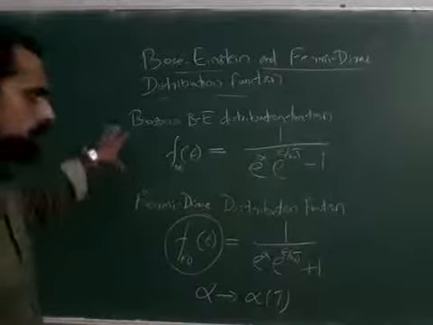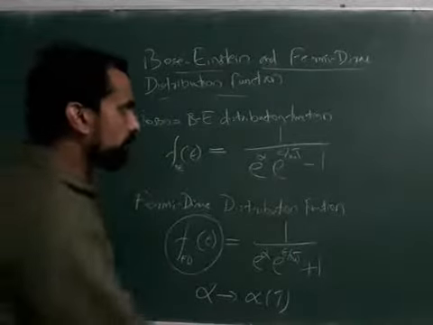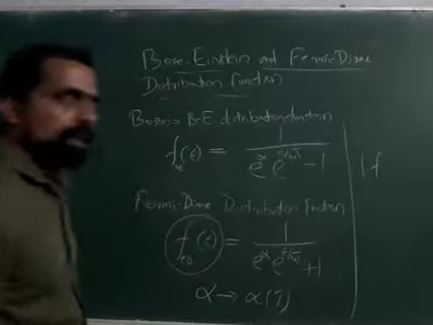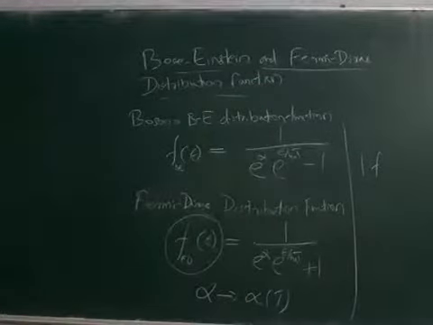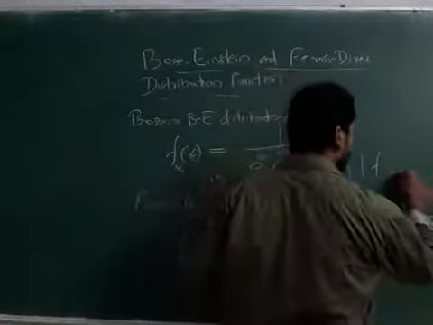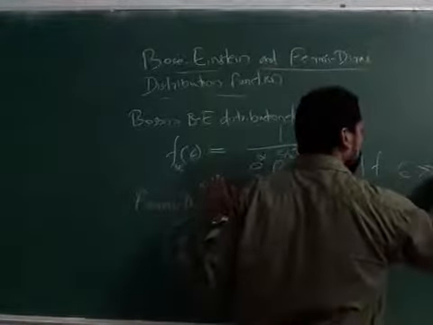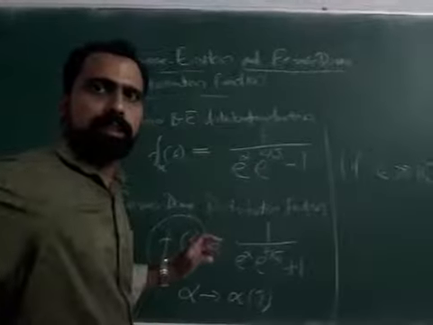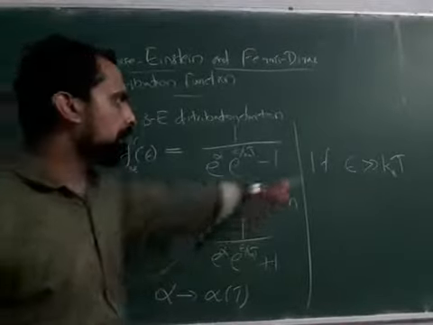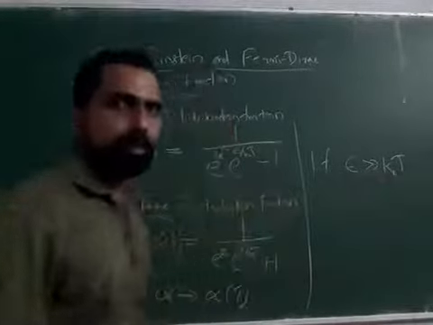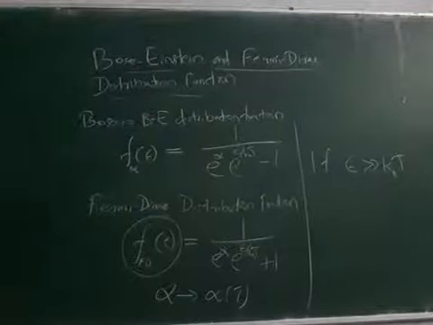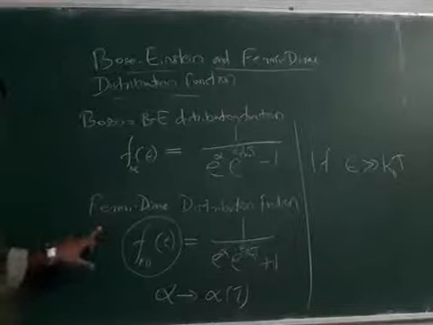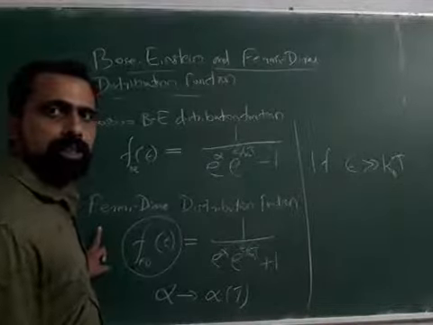And another interesting thing is, if epsilon is very much greater than kT, you can see, in that case both the expressions converge to our Maxwell-Boltzmann distribution function.